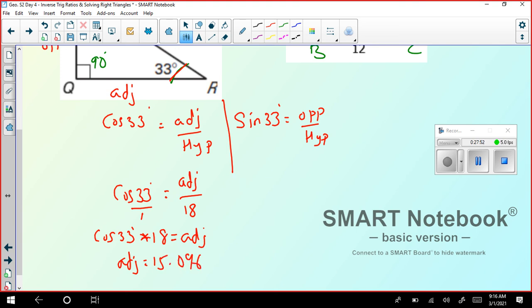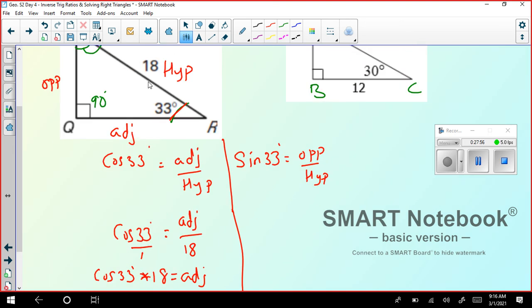Let's get the opposite. To get the opposite, I have to use opposite and hypotenuse at side 33, or I can use even the Pythagorean theorem because now I have the adjacent value, but I'll use side 33. Opposite here, I don't have the value for opposite, so keep as is, but I have the value of hypotenuse, which is 18 at side 33.